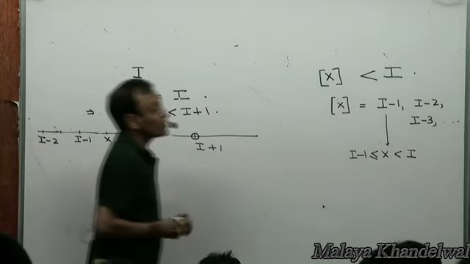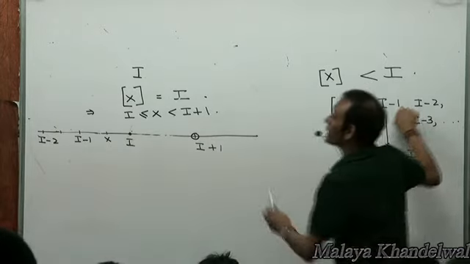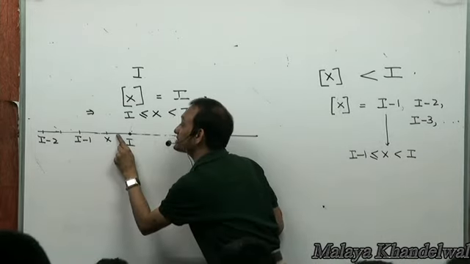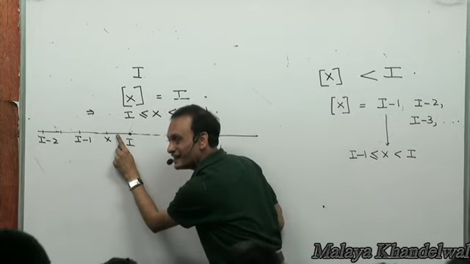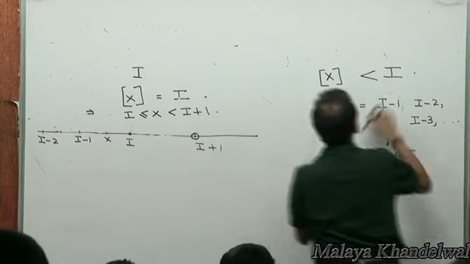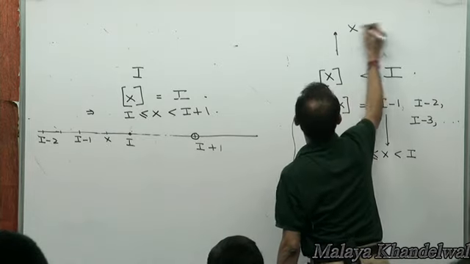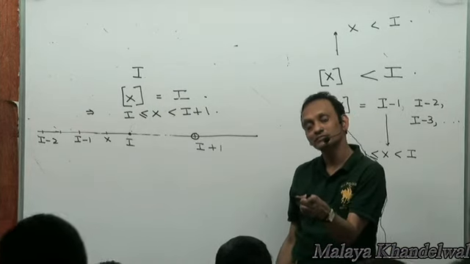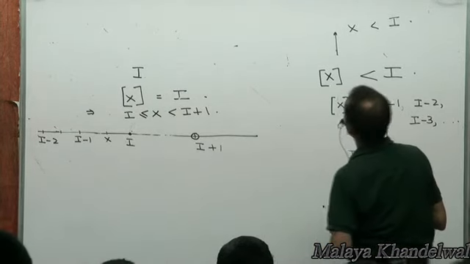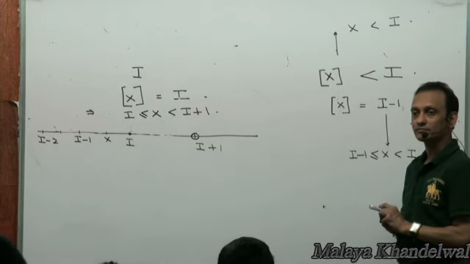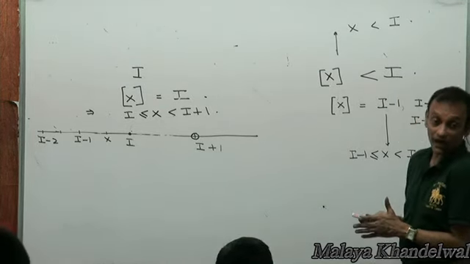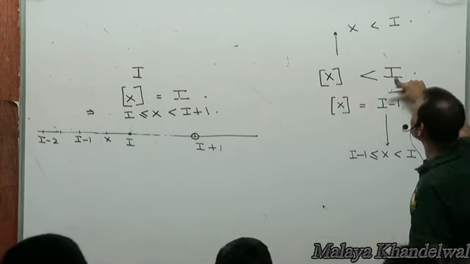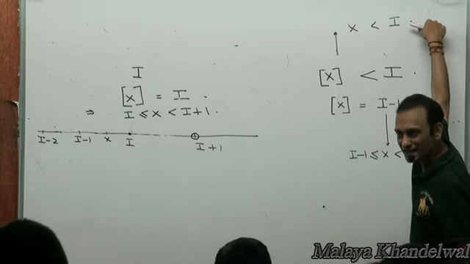That means box of x can assume values like I minus 1, I minus 2, I minus 3 as long as x is to the left of I. Then in each case, box of x will be less than I. So box of x less than I would mean x less than I.